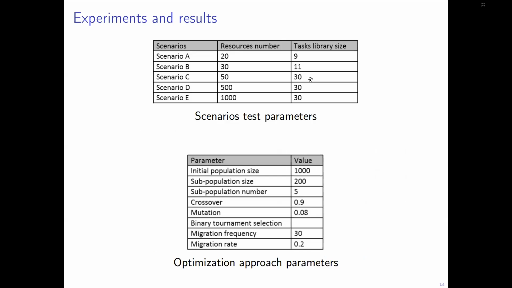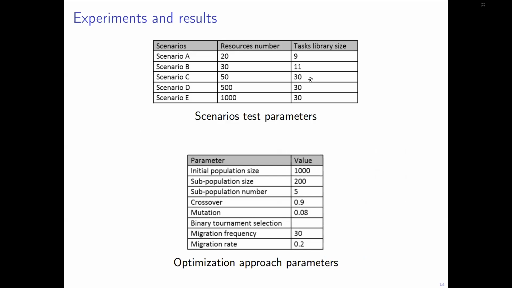For the second front of the experiment, we use the results obtained by the previous experiment, which means 5 subpopulations and 200 individuals per subpopulation. As you can see, we used 5 different scenarios with different task numbers, task library size, and resource numbers.